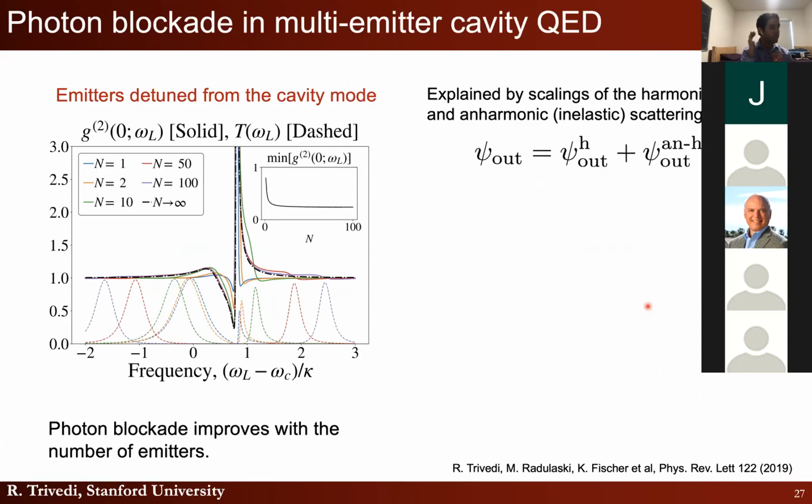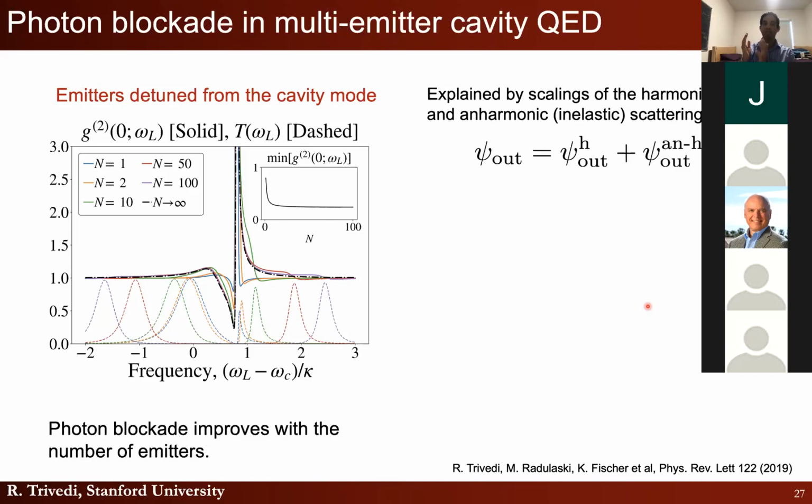And we could explain this by looking more carefully at the two-photon wave function and thinking about how it scales with the number of emitters. One convenient way of doing this was to write the two-photon wave function as a sum of two contributions, which we could very rigorously define using scattering theory. The details are again in the reference down below.